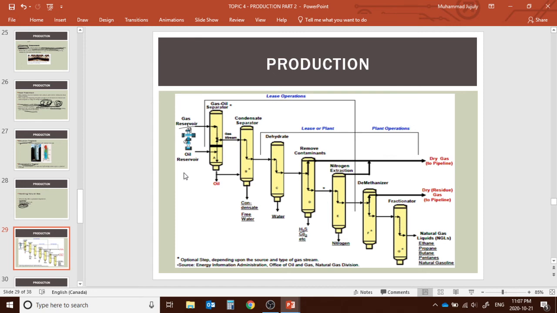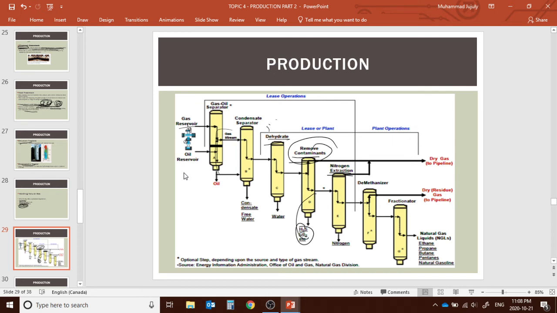The first thing, you have to separate the gas and oil. Then you get the gas, and from there you have to dehydrate the gas, remove the contaminants, remove the nitrogen, and the carbon dioxide and hydrogen sulfide and everything.